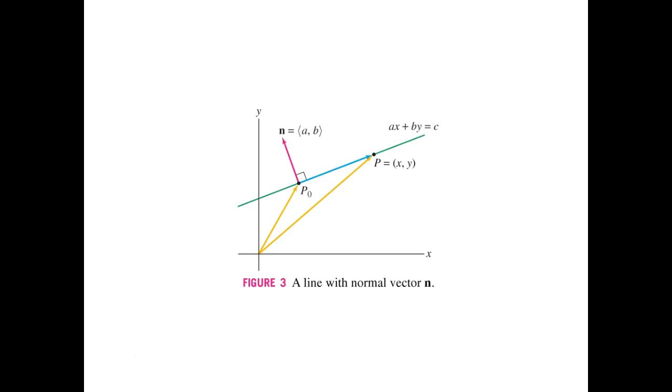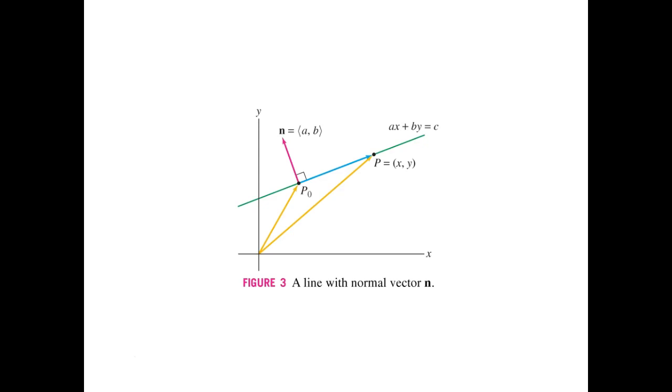This is a line in R2. That's just regular two-space, the XY plane. Now, in the XY plane, that normal vector also has to be in the XY plane.